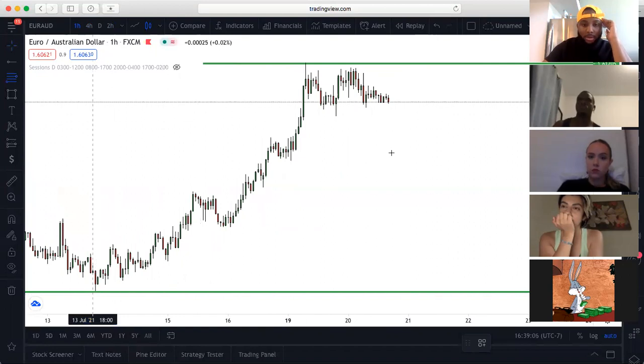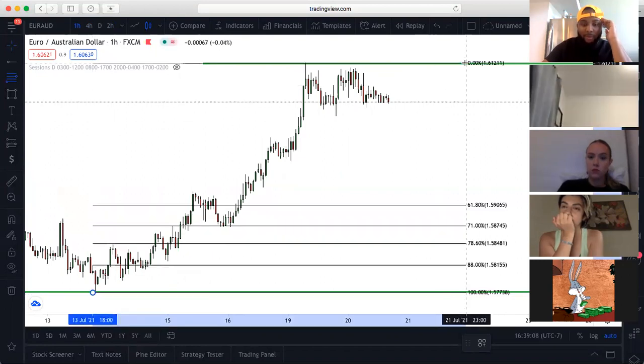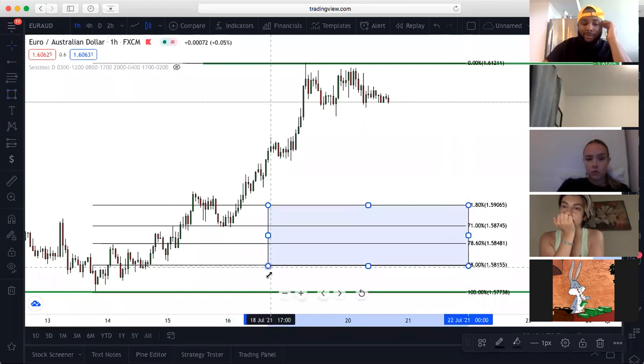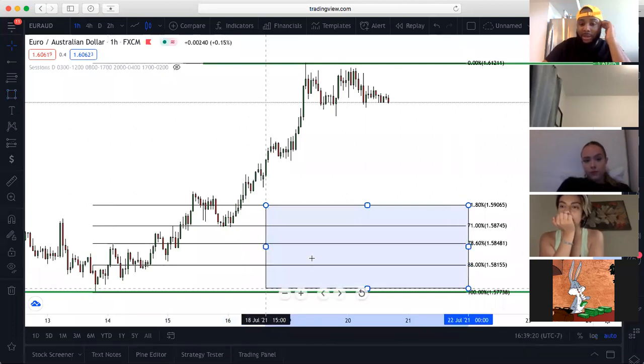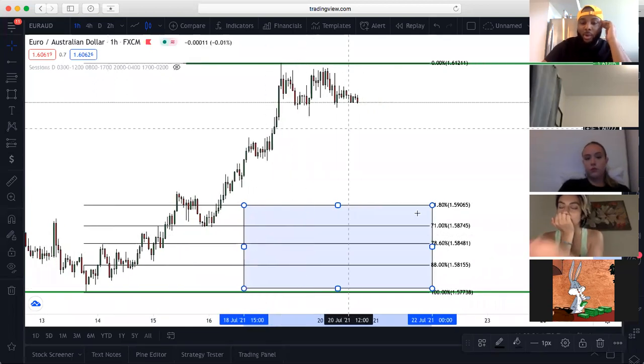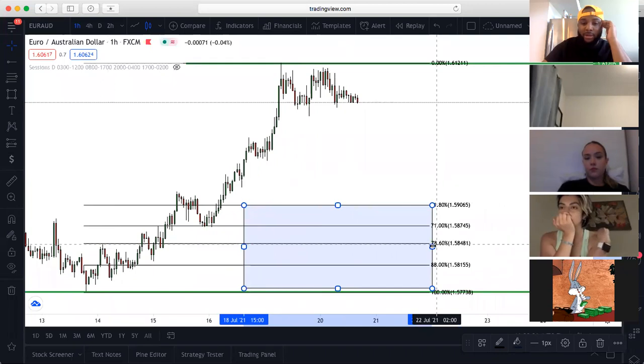Once again, I draw my fib from bottom to top. I'm looking for something within this area, sometimes maybe even farther down like here. Understanding price: when should I be looking for something to occur in this area?